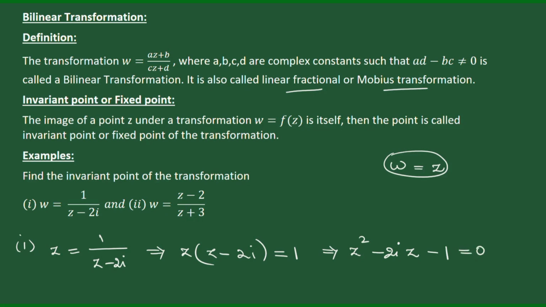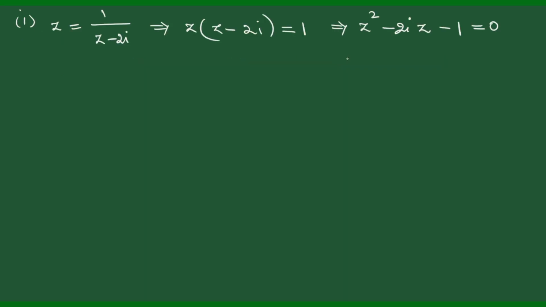We can solve this using the usual formula for the quadratic equation aX² + bX + c = 0, that is, (-b ± √(b² - 4ac))/2a.